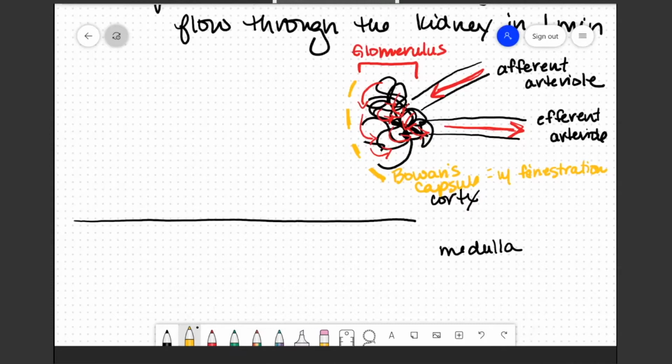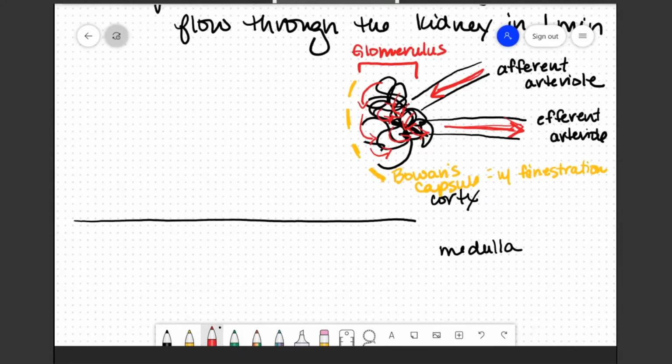You're putting this structure with a bunch of tiny little fenestrations, or little holes, next to this liquid, and you're going to have some of the liquid inside our blood come out and go through this next process, whereas the main part of your blood left over, or the main chunk of Play-Doh, will still be on the other side, and then that will get escorted out of the kidney through the efferent arteriole.